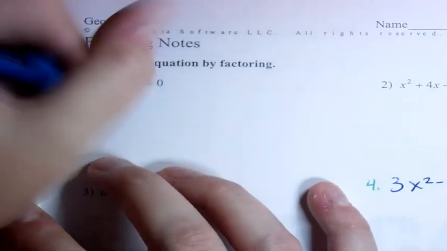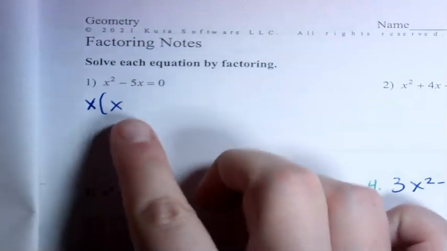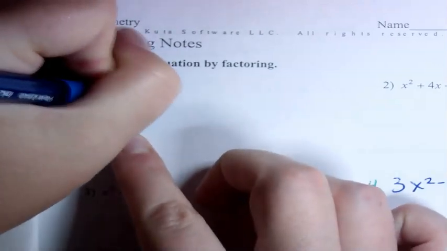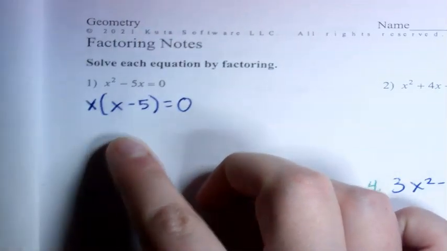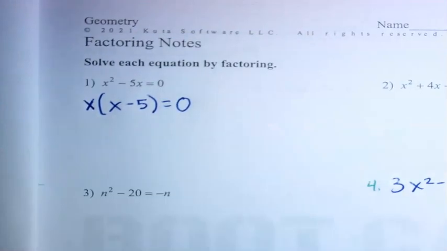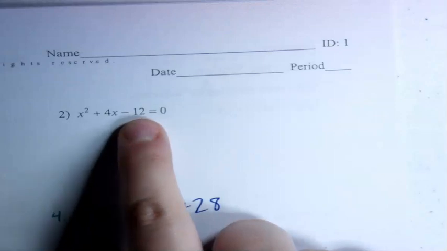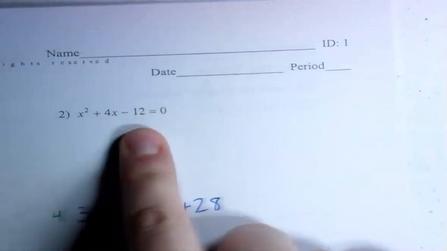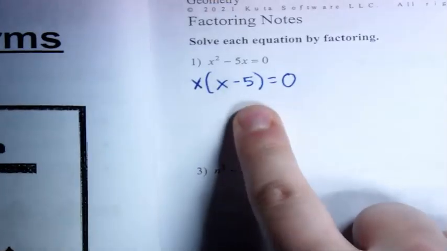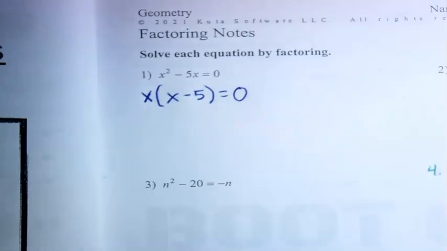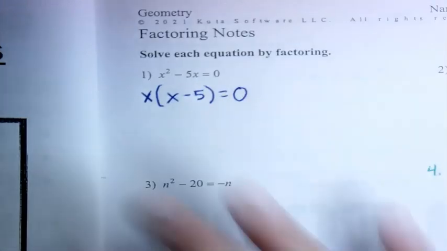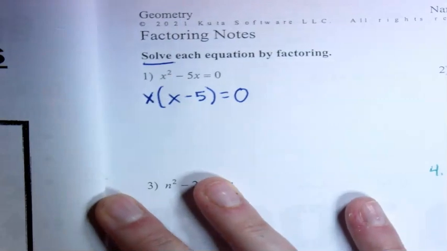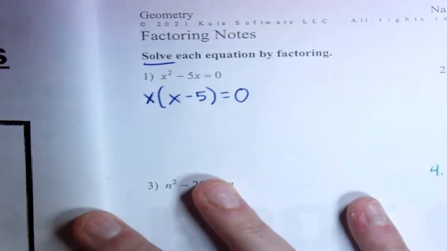We're pulling that X out, so X squared just becomes X, and then minus 5, and that's going to equal 0. Since they both have X, and we don't have an extra random number over here like we do on number 2, we can pull X out. And then it says to solve each equation by factoring, so we need to figure out what X equals.